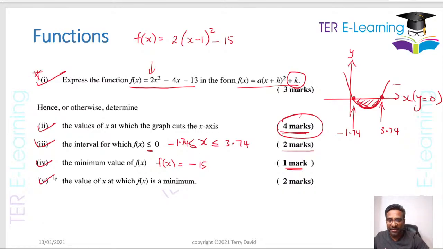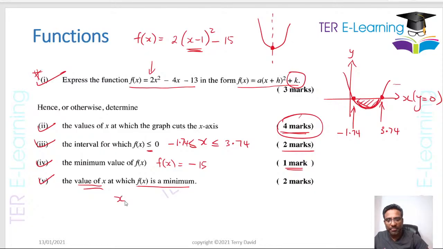And then part 5, the value of x at which the minimum occurs. So remember on your graph, I said when you have a graph like this, here is my axis of symmetry. It passes through my minimum point, right? So the x value, that's what they're asking you for. What is the x value of my minimum point? Once we complete the square, whatever is inside the brackets, you have x minus 1.